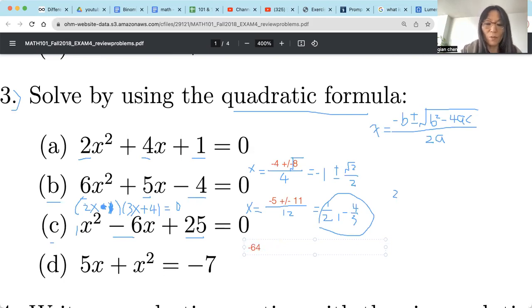So the discriminant is negative, equal to b squared minus 4ac, which is negative 64.